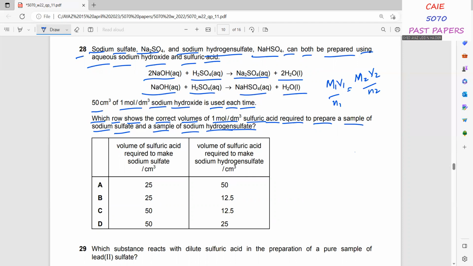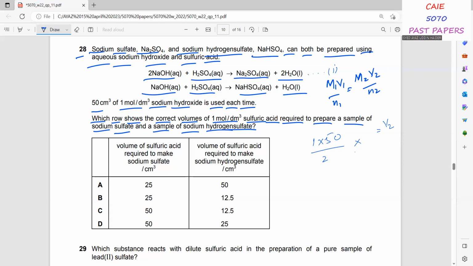For example, for equation number 1, which we will consider M1, V1 and N1 for NaOH, you will get M1 1 mole per dm cube and the volume will be 50 and number of moles of sodium hydroxide will be 2. And we want to calculate the volume of sulfuric acid, so we'll write V2 on the right hand side, and both M2 and N2 will shift to the left hand side.